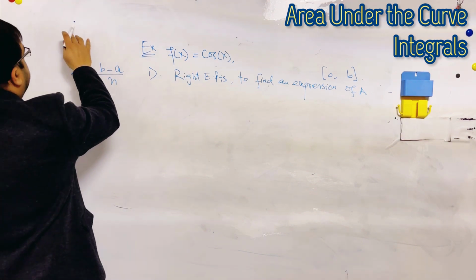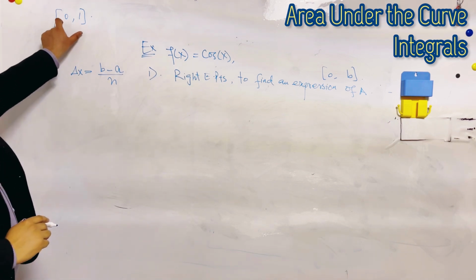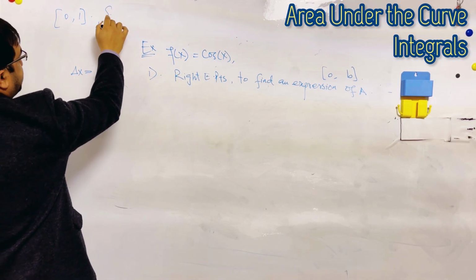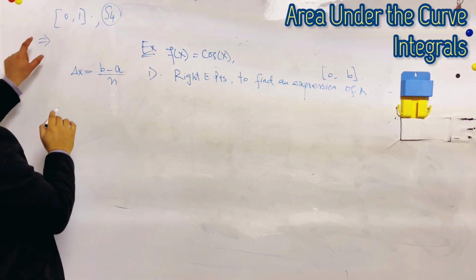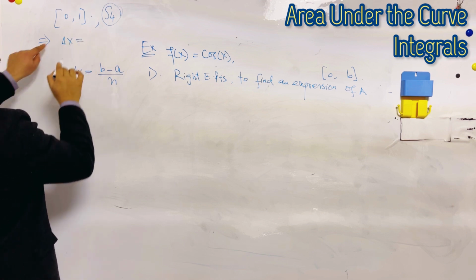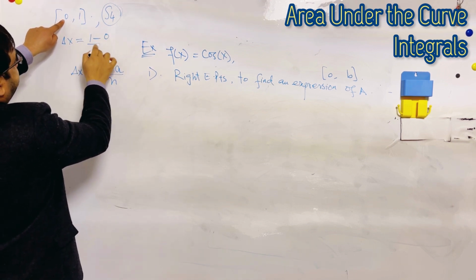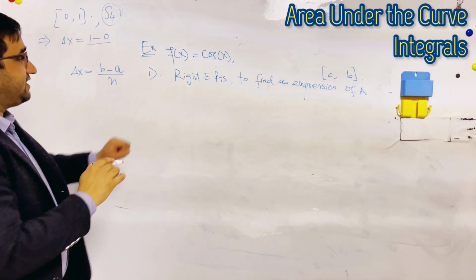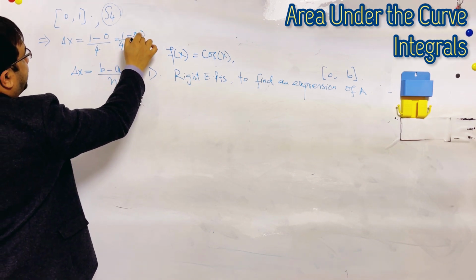For example, in the very first example, the interval was 0 to 1 and I split the whole region into 4. So delta x was the final point 1 minus the initial point 0, divided by the 4 parts in which you are splitting the region. So it was 1 by 4, it was 0.25, right?